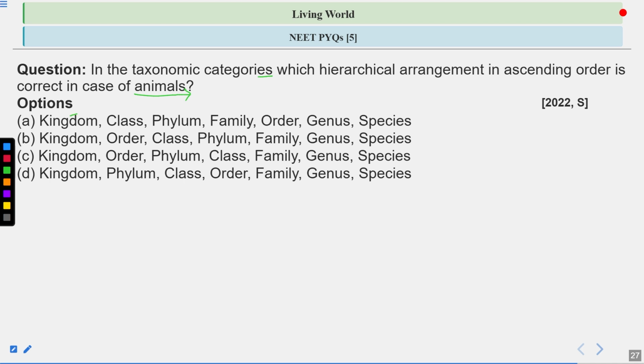Then they have given you these taxonomic categories, or taxa, which are hierarchically arranged with different ranks, or levels. You have to arrange them in ascending order and choose the correct answer from the four options A, B, C, D. So what will be the correct answer?